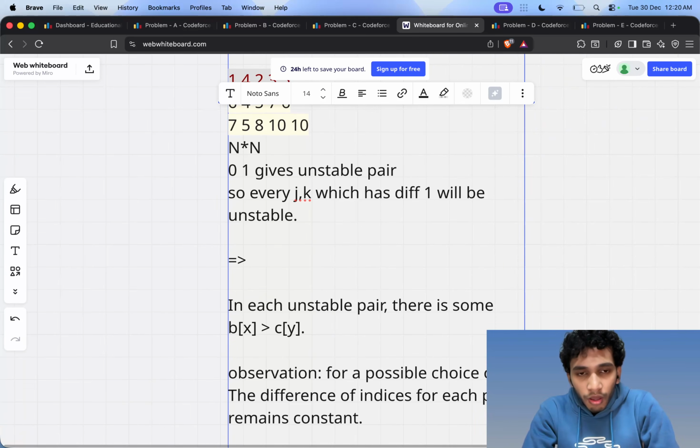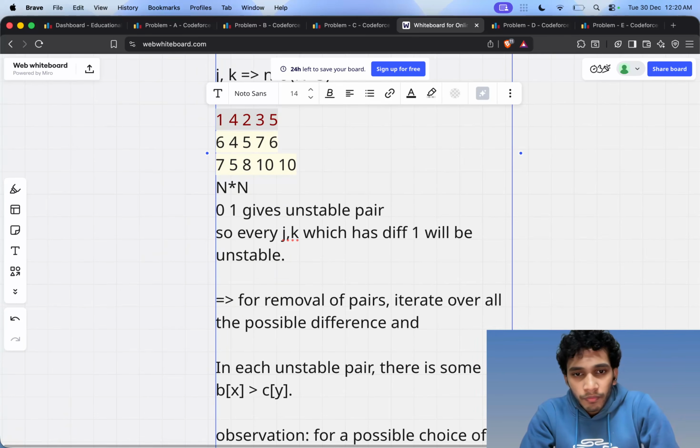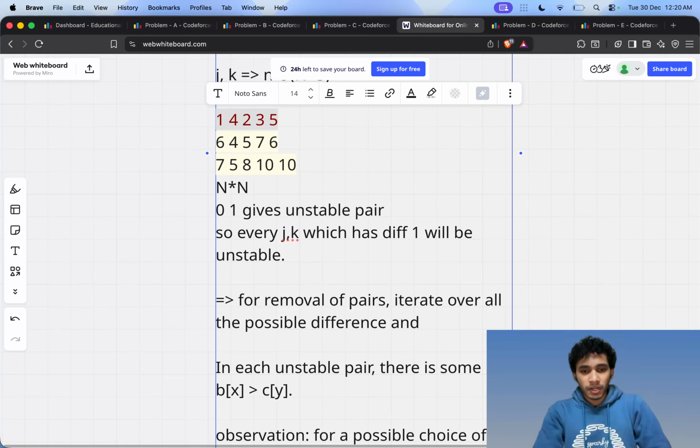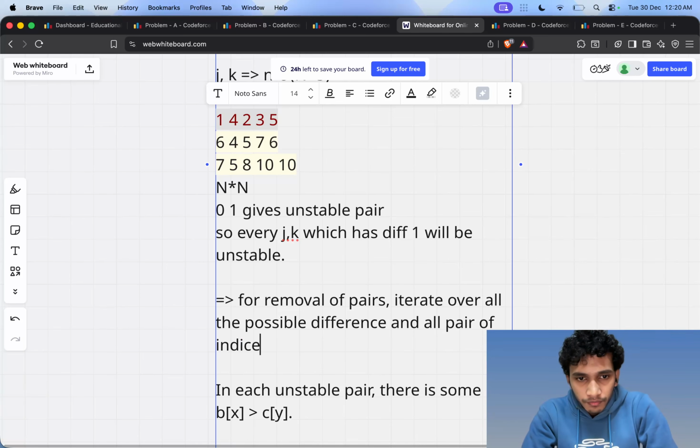We observed that for removal of pairs, iterate over all the possible differences and all pairs of indices corresponding to that difference.